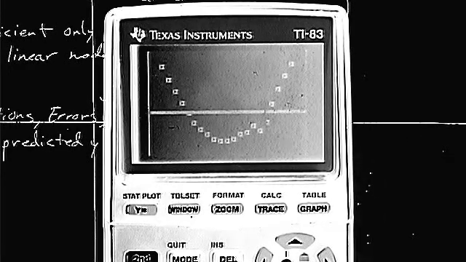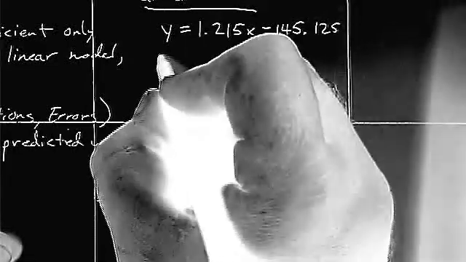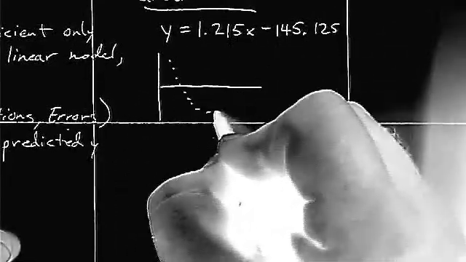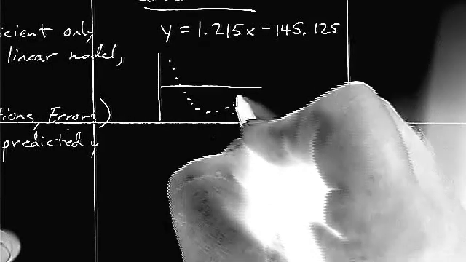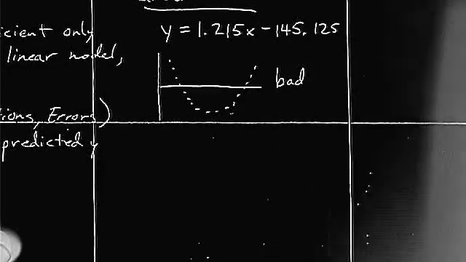Alright, so there is my shape. That looks definitely recognizable. That is a bad looking residual plot right there. Okay, so here we have our linear residual plot, and it's doing something like this, and it's got a little hiccup there, but okay, that one is definitely a bad residual plot.